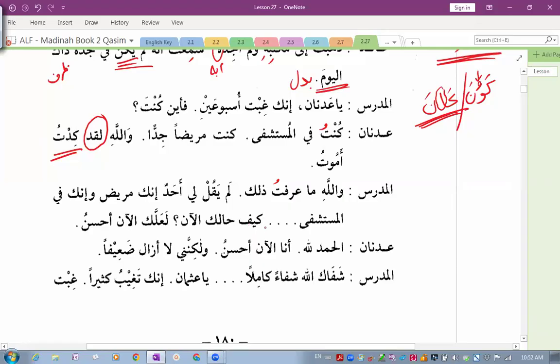We have a couple of notes over here. When we have a jumla istifhamia, we do not analyze it yet, because in book 3 we will learn that. We also don't need to analyze each one, otherwise we will take a lot of time. If something is important, then I ask you to do that only. Otherwise, for example, you only have to translate.